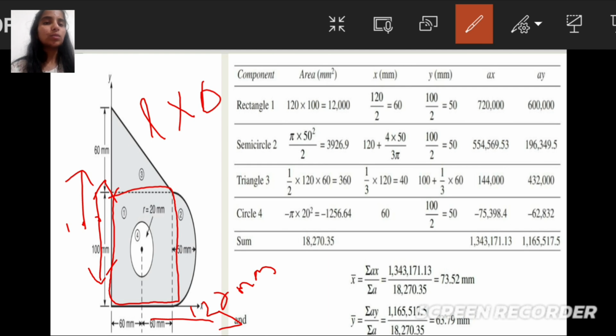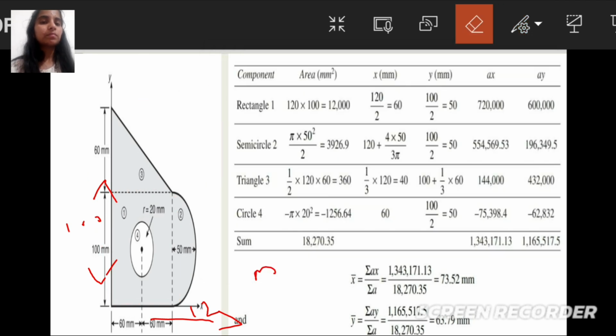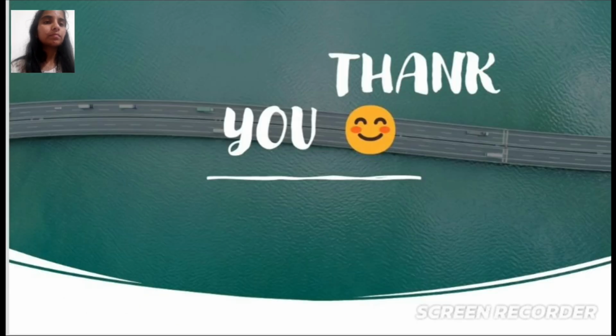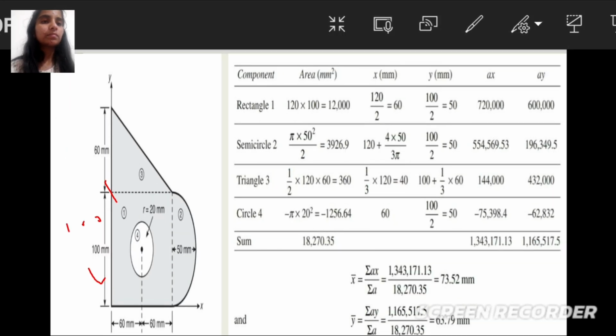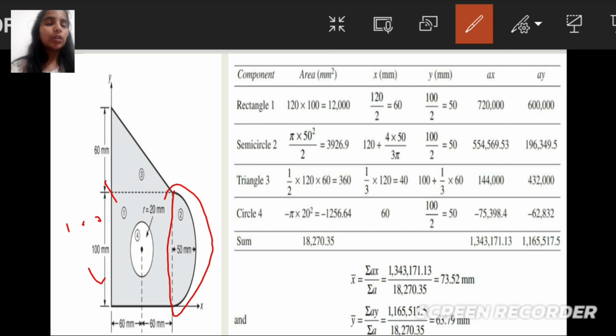Now let us find out the area of the semicircle. Area of the semicircle will be pi r square divided by 2. That we will get pi into 50 square divided by 2, we will get 3926.9.